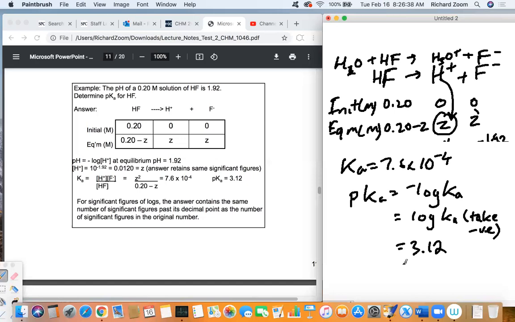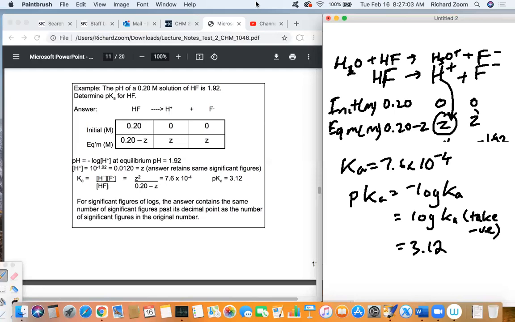What calculator have you got, Emmeline? I have the TI-30X. Okay, so you'll put the number in, 7.6 EE negative 4. Okay. And then hit log.